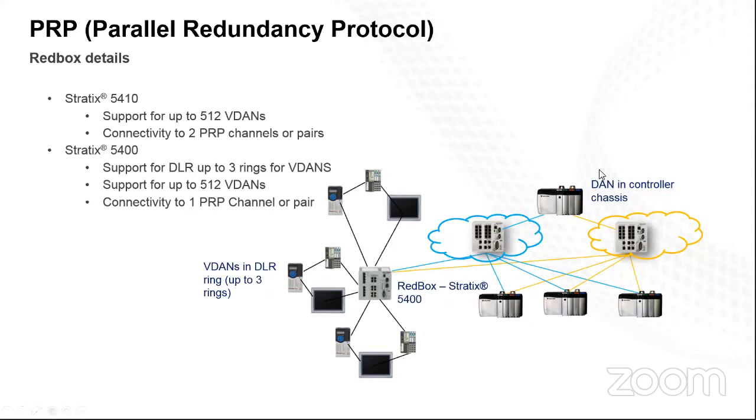You look here on the right, you have a PRP network with LAN A and LAN B. To the left of that, you have this red box that's connected to the PRP, and because it's a 5400, it also has 3 rings hanging off of it. That's one of the benefits of PRP: you can connect quite a few different types of architectures inside of a PRP. So you can have 3 rings in a Stratix 5400 and be connected to a PRP network.